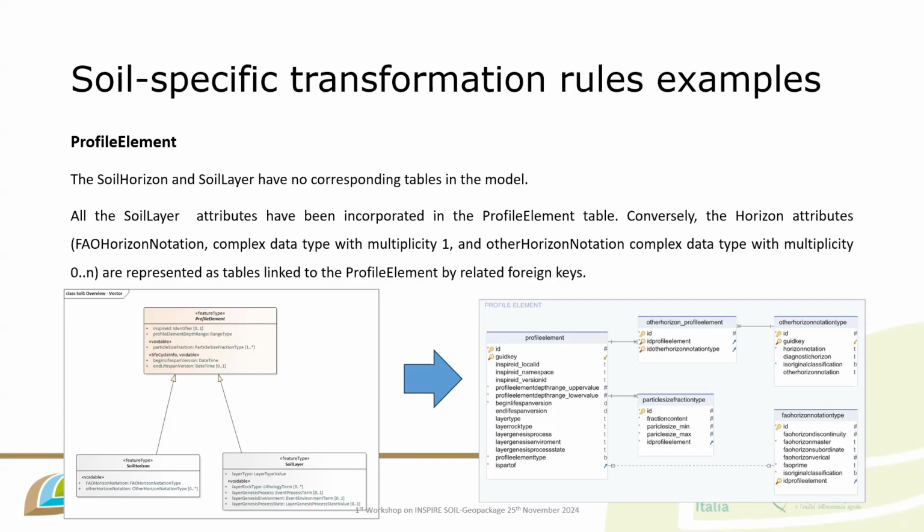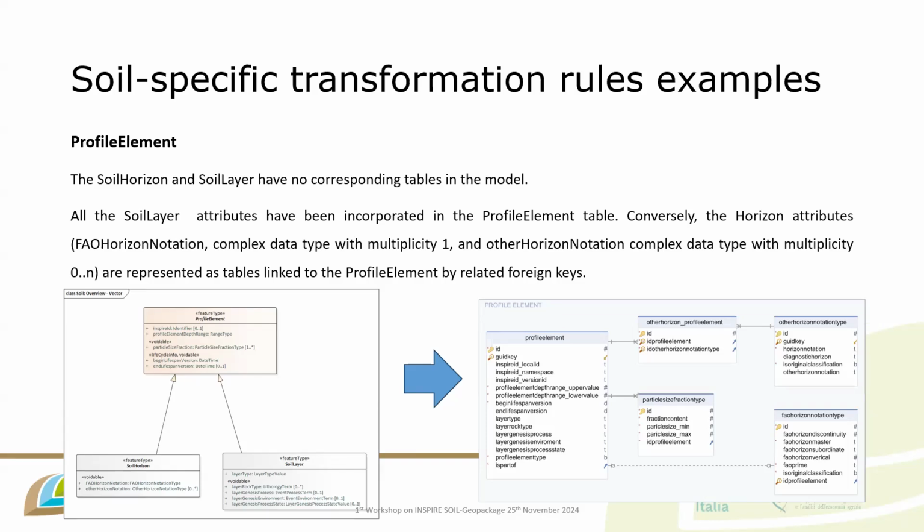So the horizon attributes, the FAO horizon notation, a complex data type with multiplicity 1, and other horizon notation, a complex data type with multiplicity 0 to many, are represented as tables that are linked to the profile element through foreign keys.